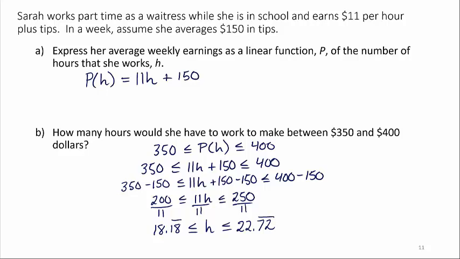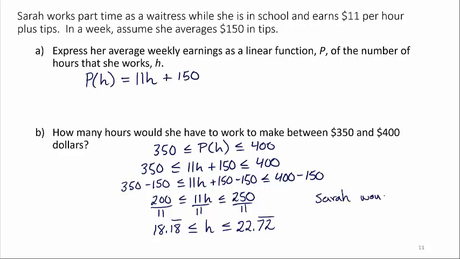If she worked 23 hours, she'd make a little bit more than $400. But generally speaking, I don't think people work 22.7 hours. So we'll just round to the nearest hour to get the idea here. Okay, so let's write this in a complete sentence.